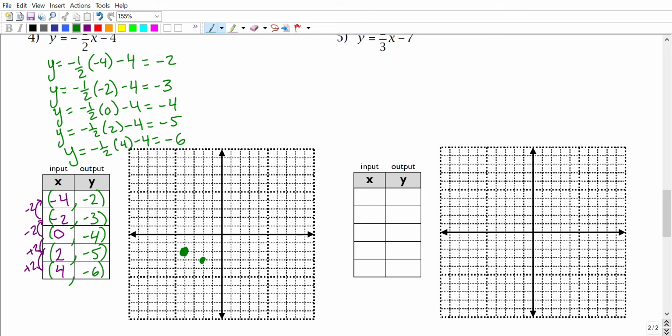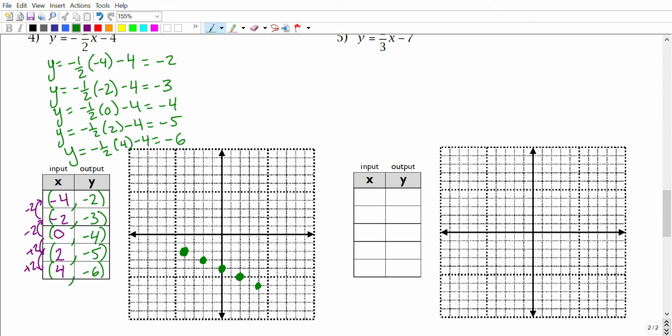There we go. 0, -4, so no shift left to right, but I am going down 4, then 2 to the right and down 5, and finally 4 to the right and down 6.